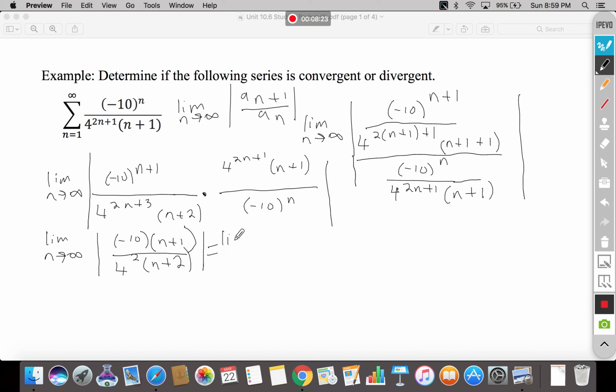What we really have then is the limit as n approaches infinity of the absolute value of negative 10n minus 10 over that 4 squared, which is a 16. I would have 16n plus 16 times 2 will give us 32, right? My plus got a little funny looking there.